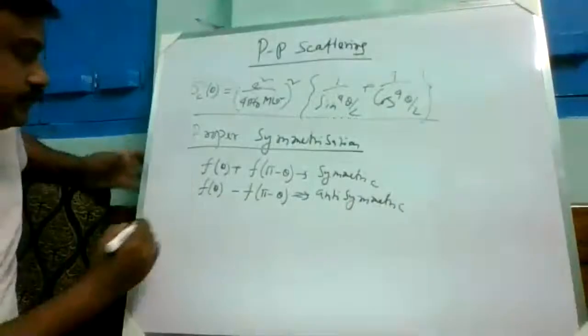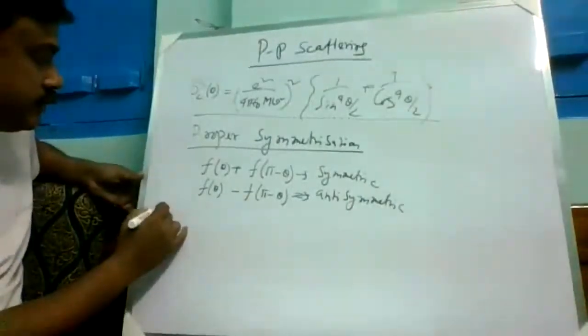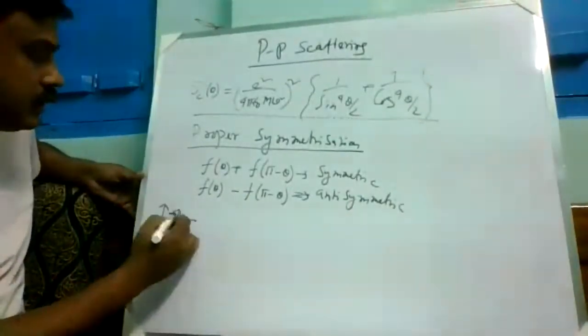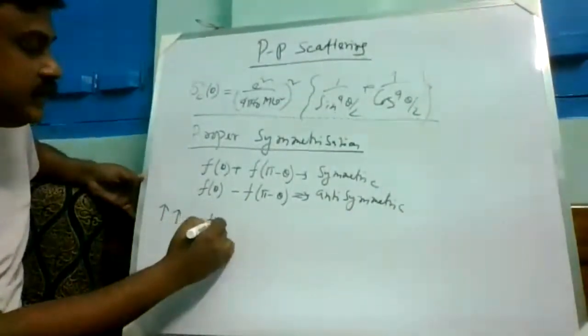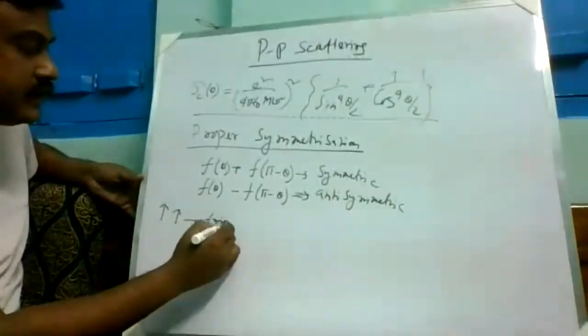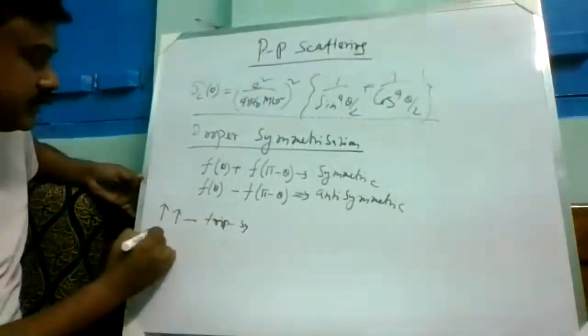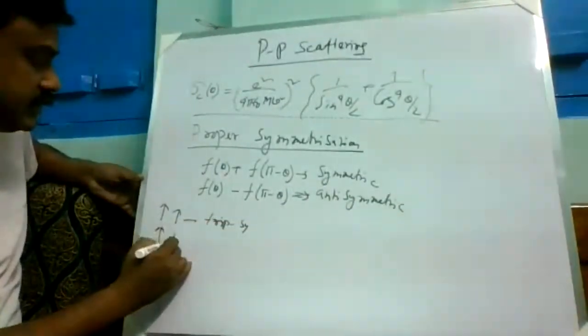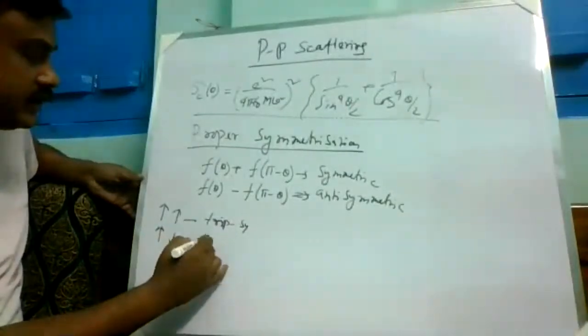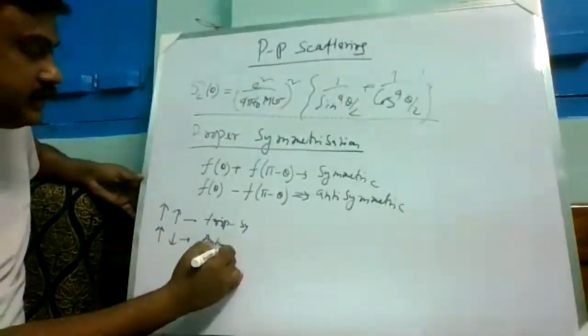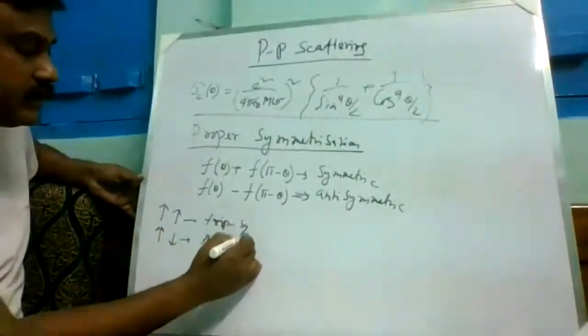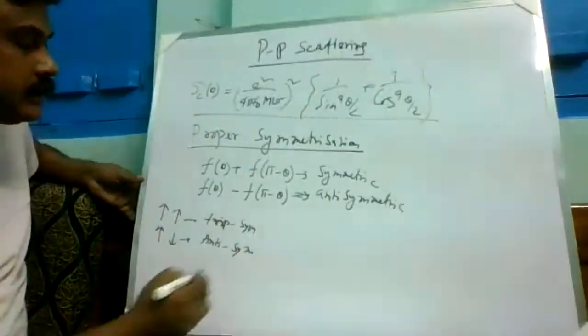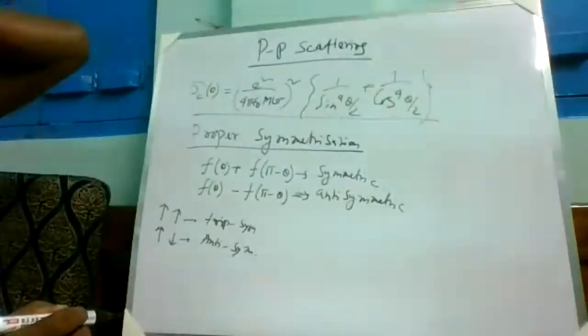Now we know the triplet state is symmetric, and the singlet is anti-symmetric.